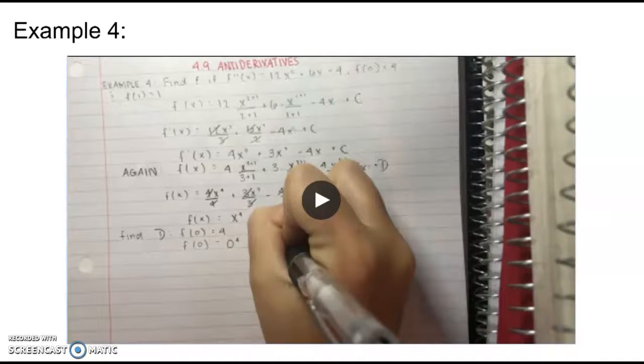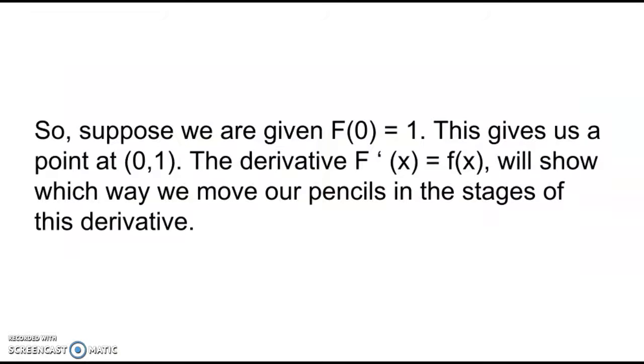And moving on from that, if we are given a graph of a function f, it seems reasonable that we should be able to sketch the graph of an antiderivative, capital F. So suppose we are given capital F of 0 equals 1.